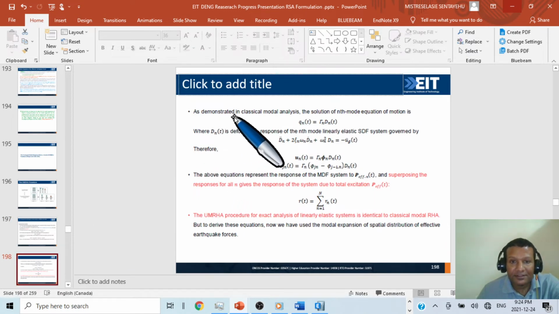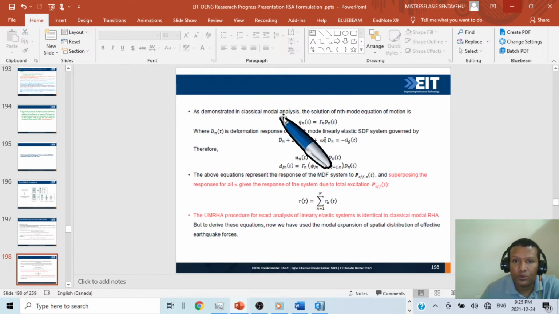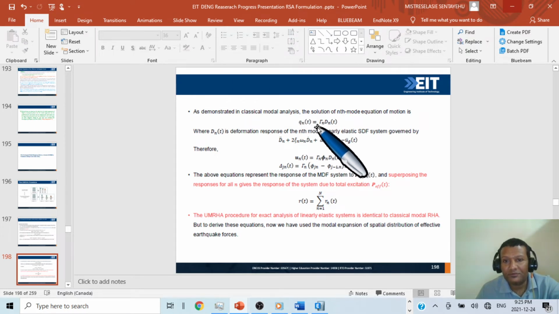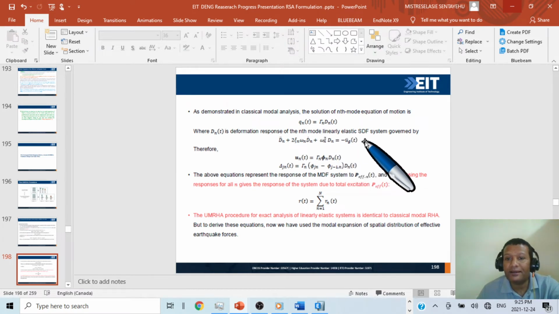As demonstrated in classical modal analysis, the solution of the nth mode equation of motion is qn equals Rn times dn, where dn is the deformation response of the nth mode linear elastic single degree of freedom system governed by this equation.